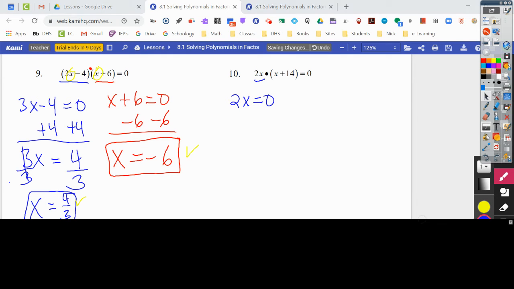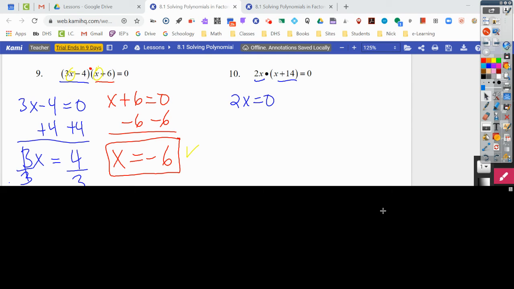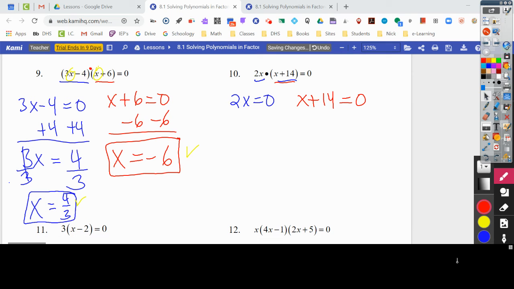And my other polynomial expression is this x plus 14, so I'm going to do it in red. x plus 14 is also equal to 0. There's that zero product property. I have two different polynomial expressions that are being multiplied, so the product of those two is equal to 0. That means I'm going to write each one of those equal to 0 and then solve.